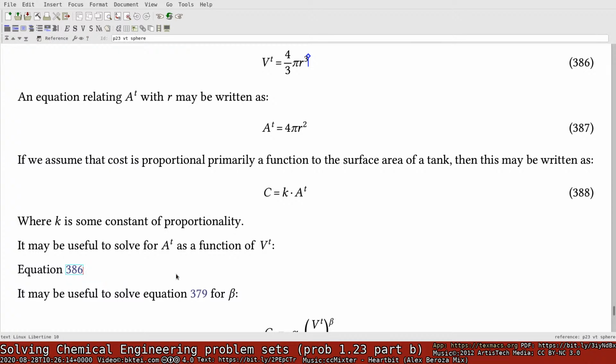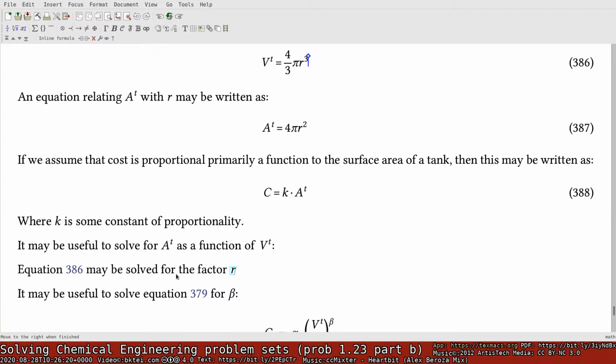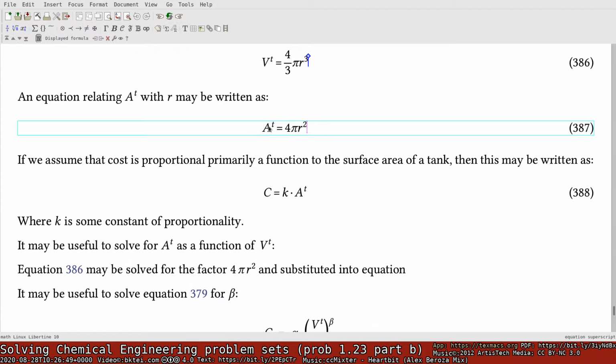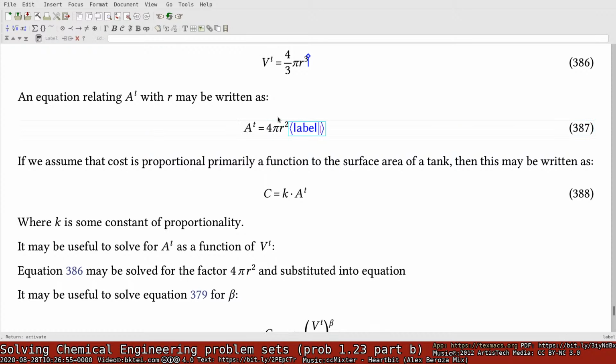Maybe factor R, 4 pi R squared, and substitute into equation. This one. Problem 23, AT sphere.